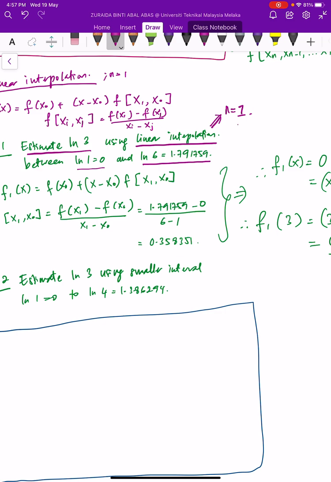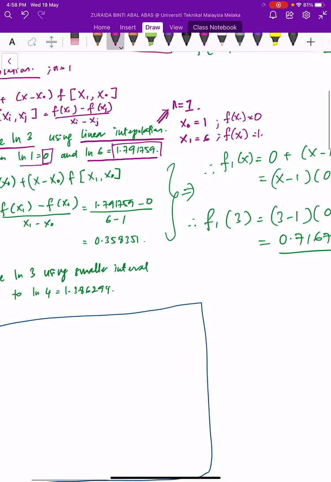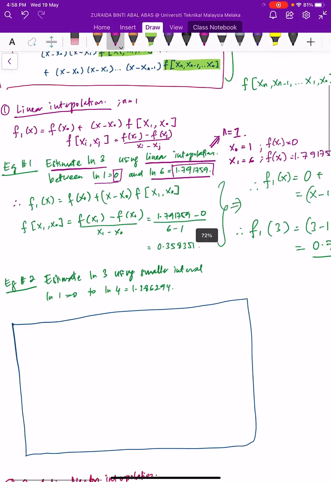So x0 is 1 and x1 is 6, and the value of f(x0) is equal to 0, and the value for f(x1) is 1.791759. What you have to do next is very simple: you plug into the formula.